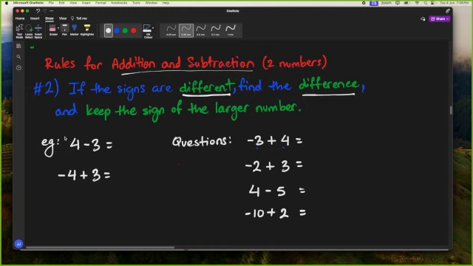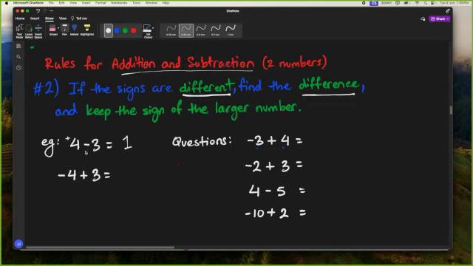So check it out. I have 4 minus 3. Well, the 4 is a positive 4, and the 3 is a -3, so the signs are different. So when the signs are different, I'll find the difference. So the difference between 4 and 3 is 1.